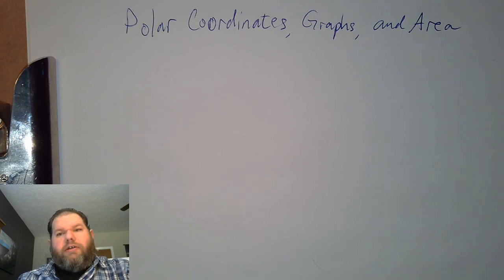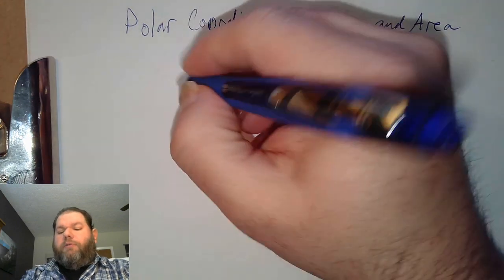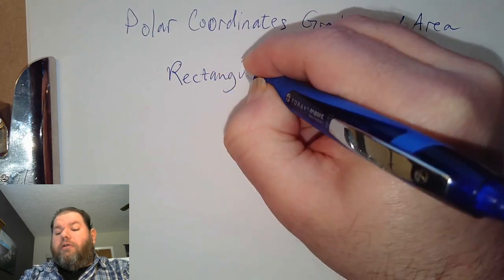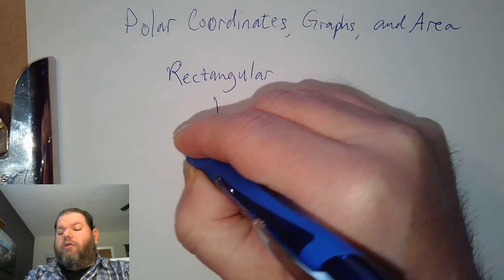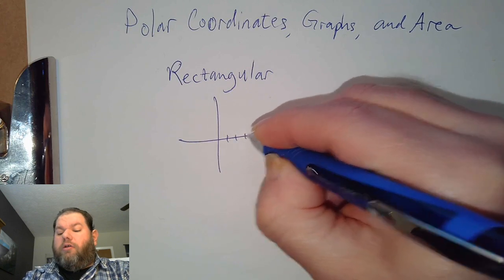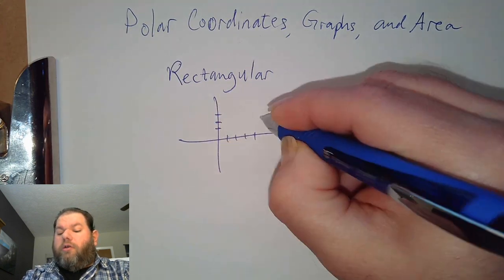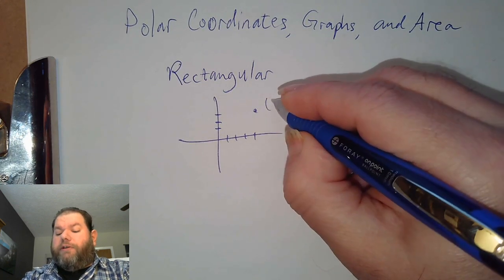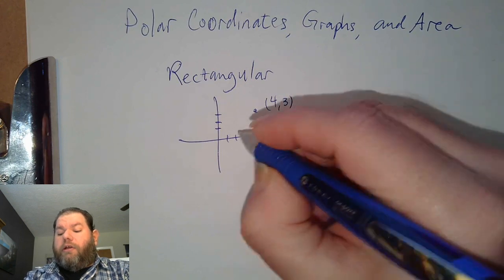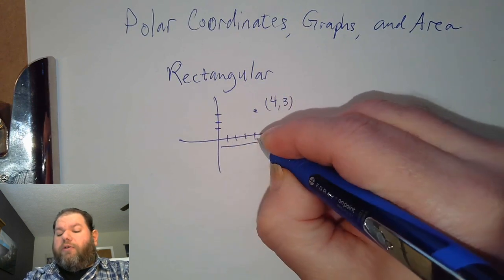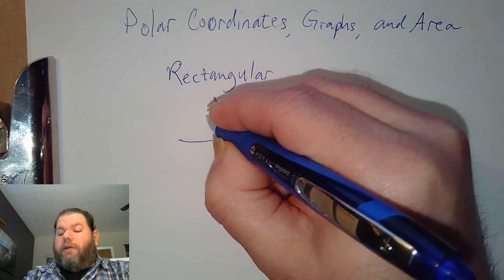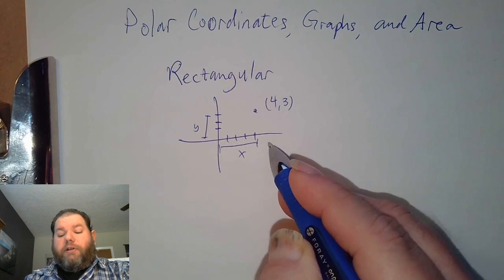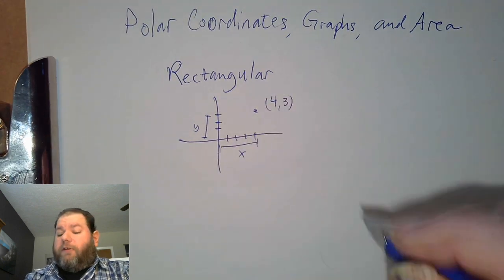It's just a different way of ordering it, because when we look at rectangular coordinates, we could have a point here which is identified as 4, 3. So we base it on the horizontal component x and the vertical component y. How far is it displaced horizontally versus the vertical displacement.